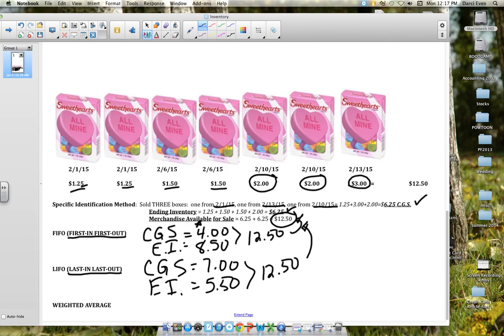Excuse me. And with weighted average, I'm going to clear this off again. What we do is we average all of these together to find out, well, what was the average price that we paid? So we take the $12.50 and we divide it by the 7 that we have. And let's see, I'll have to figure that out quick.